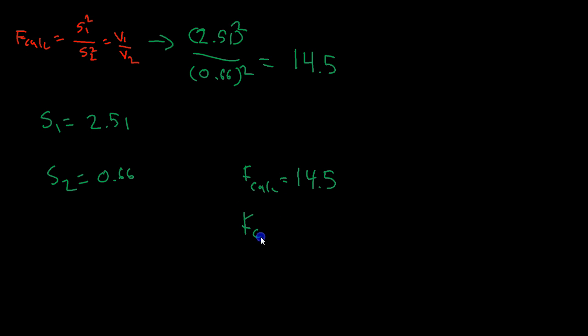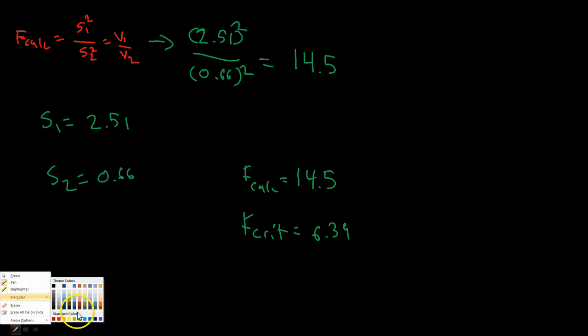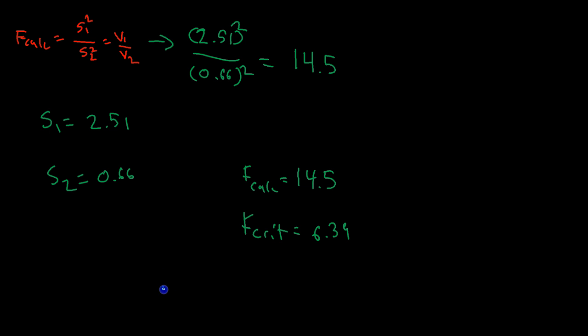So f-critical equals 6.39, and since our f-calc is larger than our f-critical, in this case fairly significantly larger, therefore the variances or standard deviations are different.